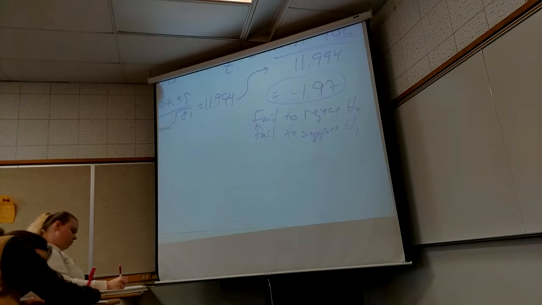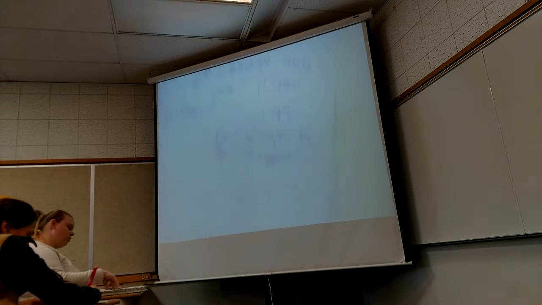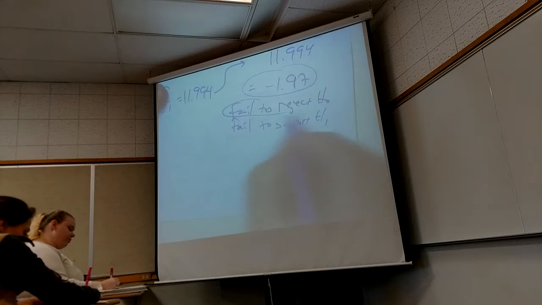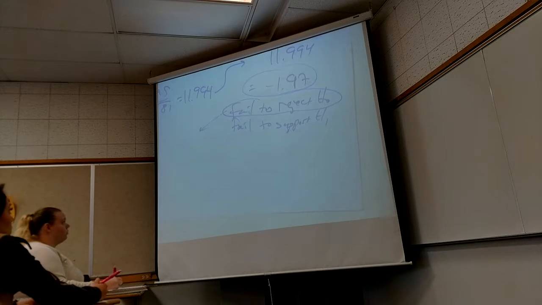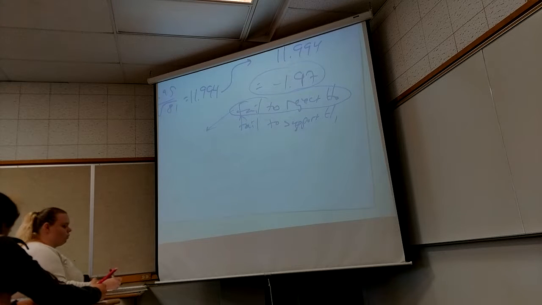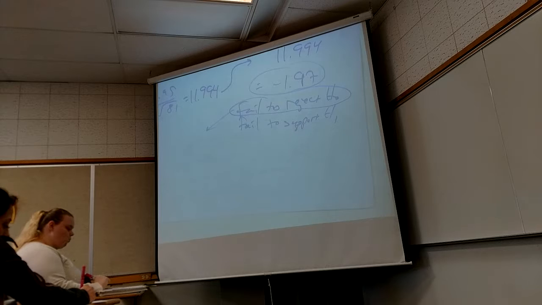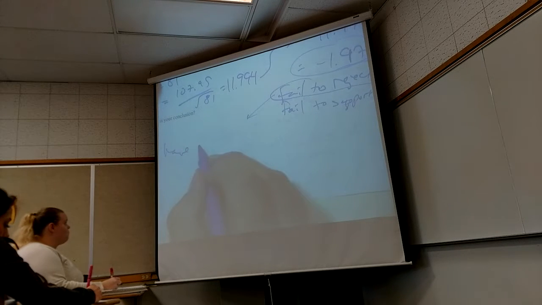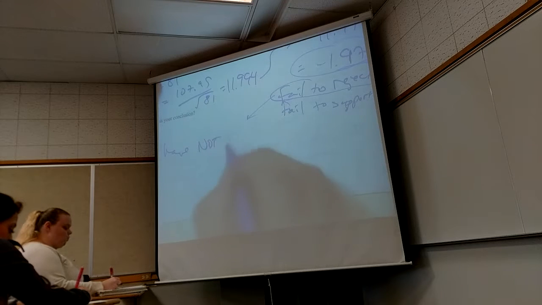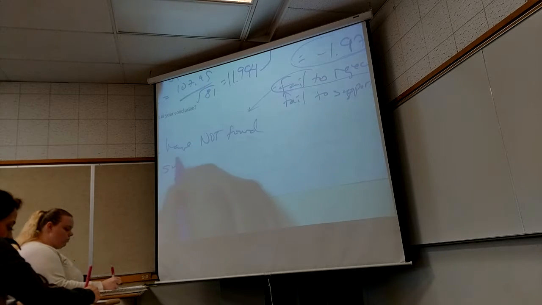Which one was our claim? The null is our claim, so we're going to use this language for my conclusion. You guys get that? I always have people who just guess and hope. No. Whatever your claim is, that's the wording you use. Fail becomes we have not found sufficient evidence to reject the claim.